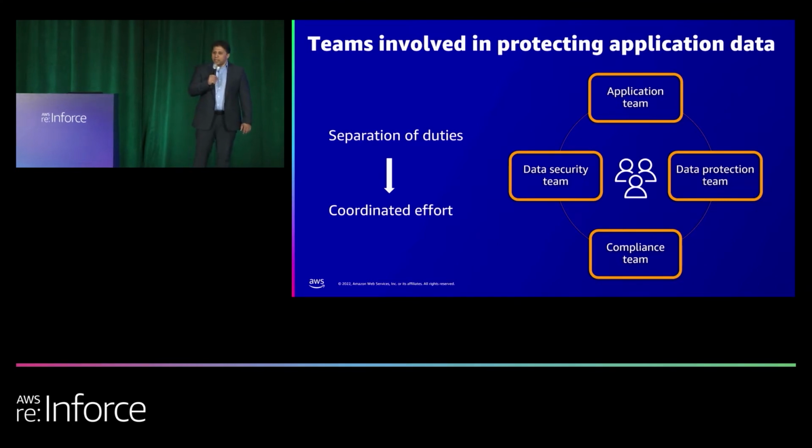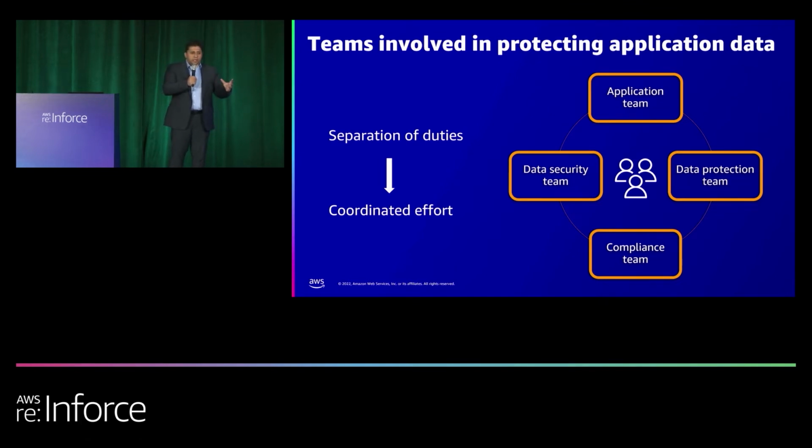So there is an application team who is responsible for building the software, building the application, making sure that the application is up and running, performing DevOps work, performing IT administration work. Then there is a data protection team who is centrally responsible for making sure that the data is protected.